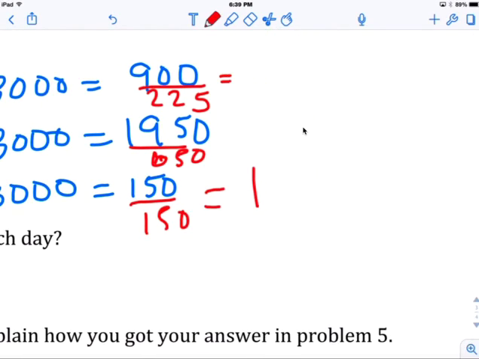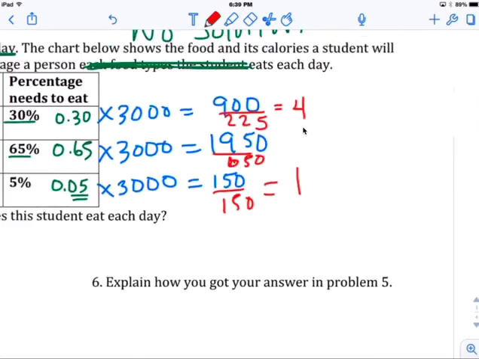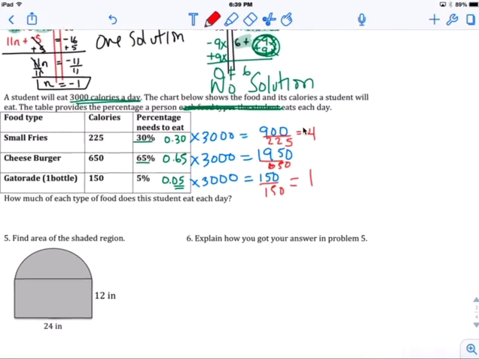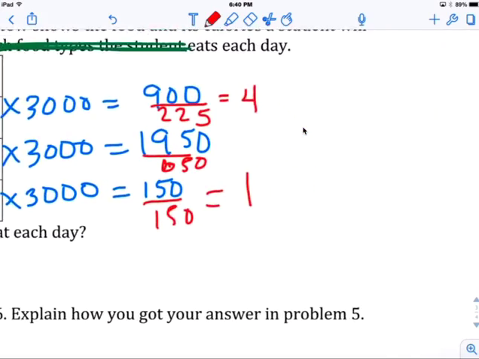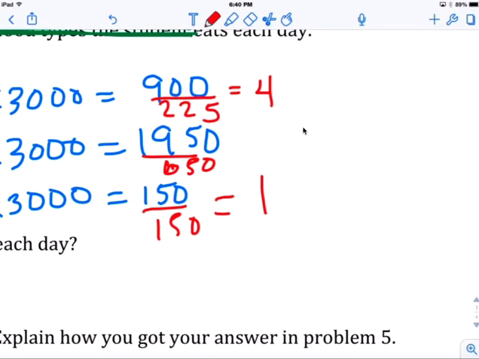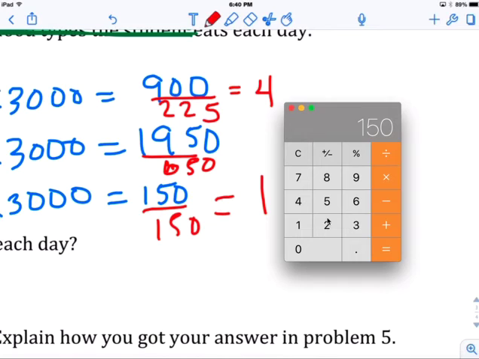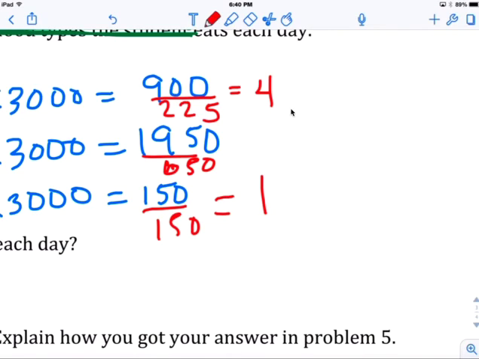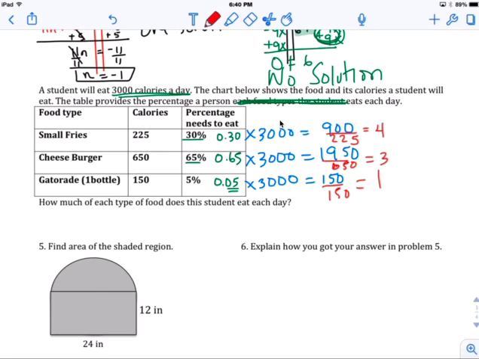How many small fries is this? 4. And how many cheeseburgers? 3? Check, make sure. 1950 divided by 650 is 3. Yep. 3 cheeseburgers a day.